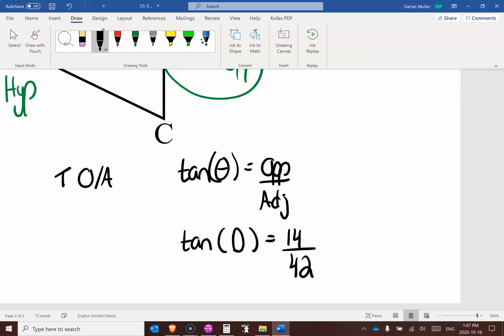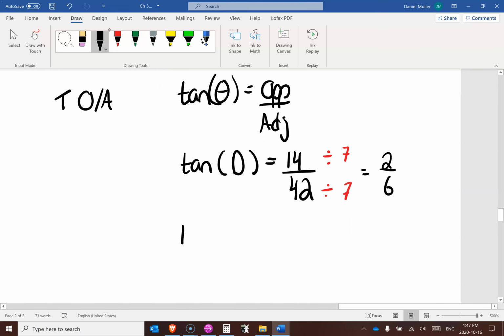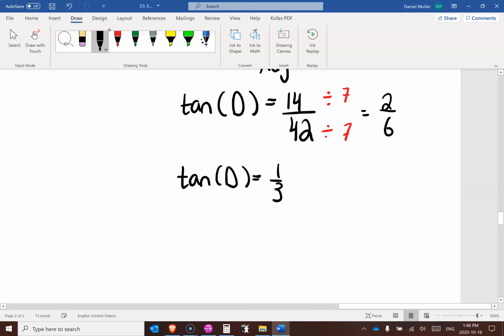So I can reduce them both by 7. That's just 1/3. So tan of D, 2 over 6, those can both be divided by 2, which is 1 over 3.